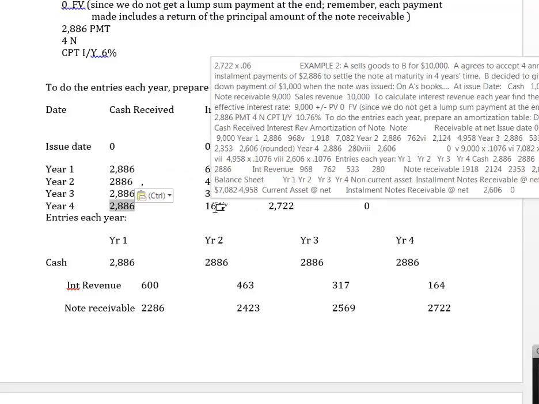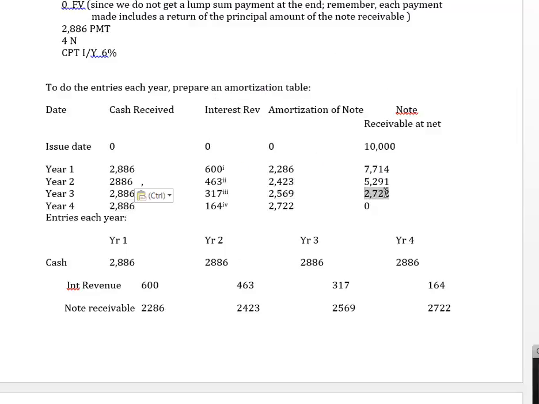So again, 164 is equal to 2722 times the 6%.